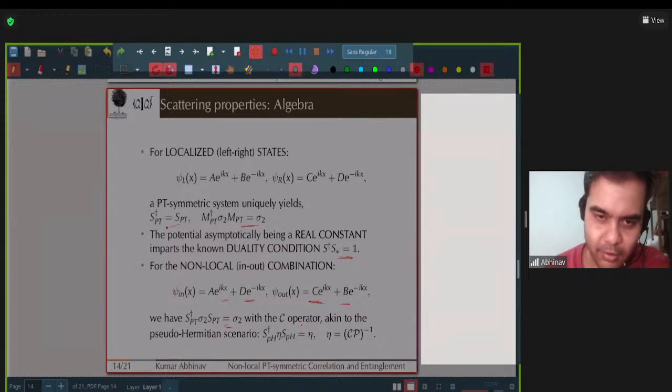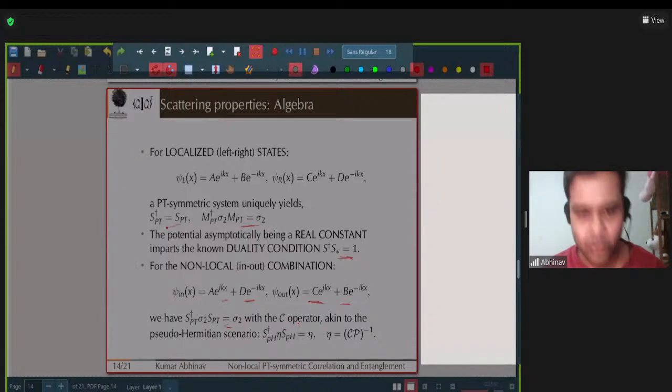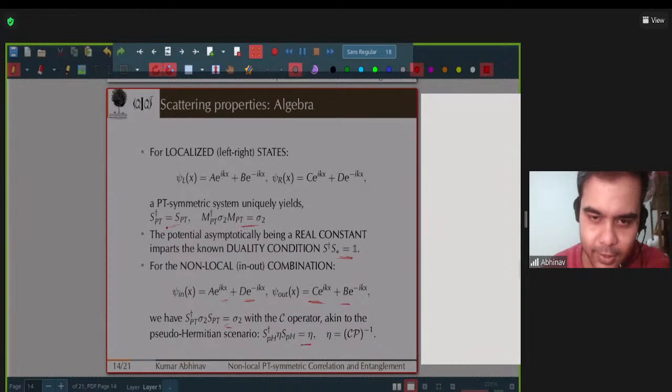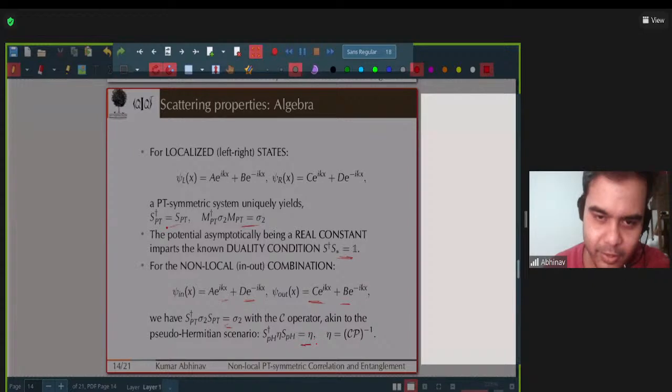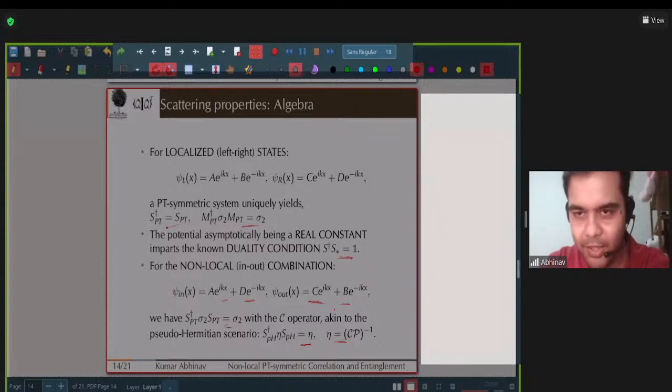In terms of the scattering matrix, it looks like this. You can identify this sigma 2 with the eta operator, the metric operator itself, the pseudo-Hermitian one, as we remember. So if you consider the non-local combination, we get a pseudo-Hermitian algebra automatically. This non-local combination is quite close to, or represents, the actual PT symmetric structure we are talking about, the symmetric phase.